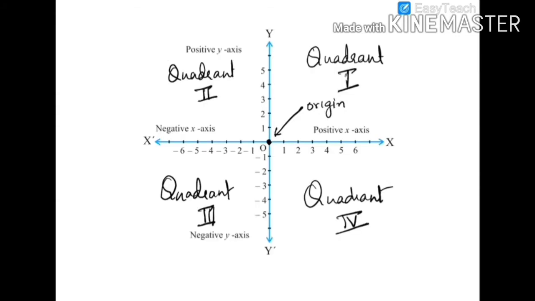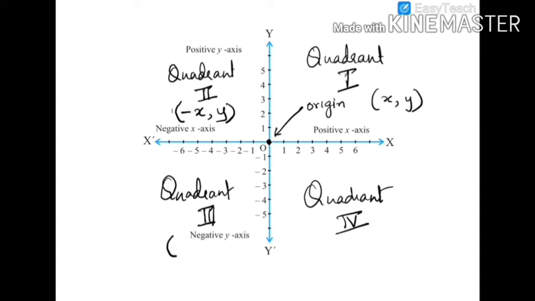So let's see how a point in the first quadrant will look. Since the first quadrant is made using the positive x and y axis, both coordinates of every point in this quadrant will be positive. The second quadrant is made with positive y axis and negative x axis. Hence, the points in this quadrant will have coordinates minus x, y. The third quadrant is made with negative x and negative y axis.